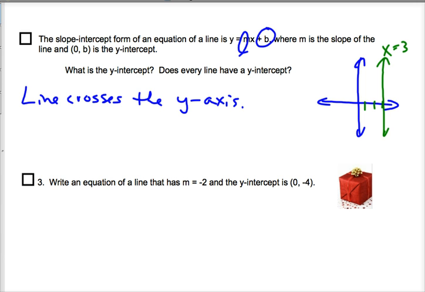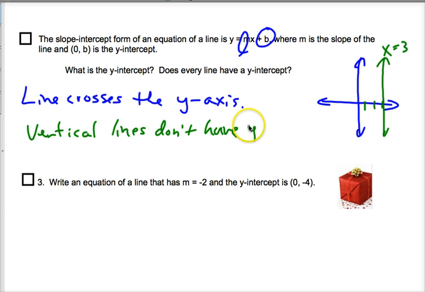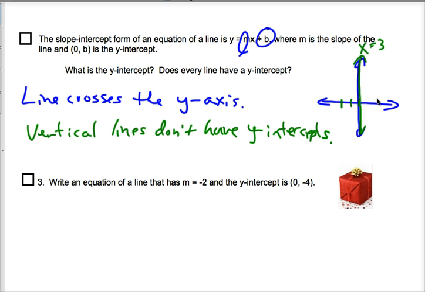Does every line have a y-intercept? Vertical lines don't have y-intercepts. Now there is one vertical line that crosses the y-axis, but it crosses everywhere. If I move this line over and put it on the y-axis, it's hitting the y-axis, but it's hitting it all over the place, so it doesn't have a y-intercept.